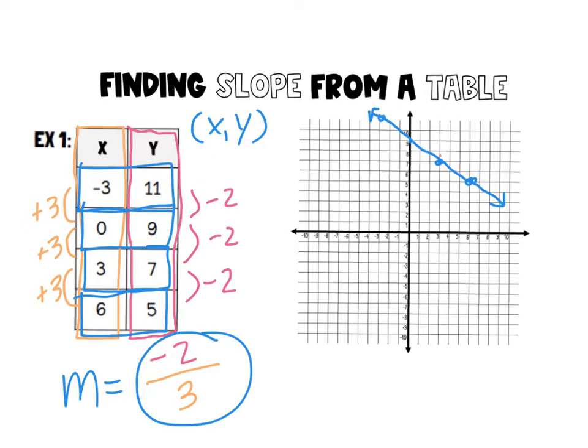So I rise 1, 2, and I run 1, 2, 3. I rise 1, 2, and I run 1, 2, 3. So our rate of change is correct, and this is a negative slope.